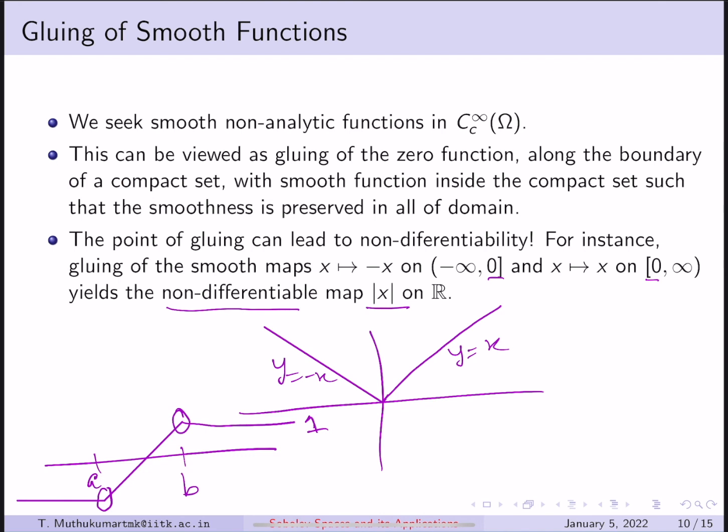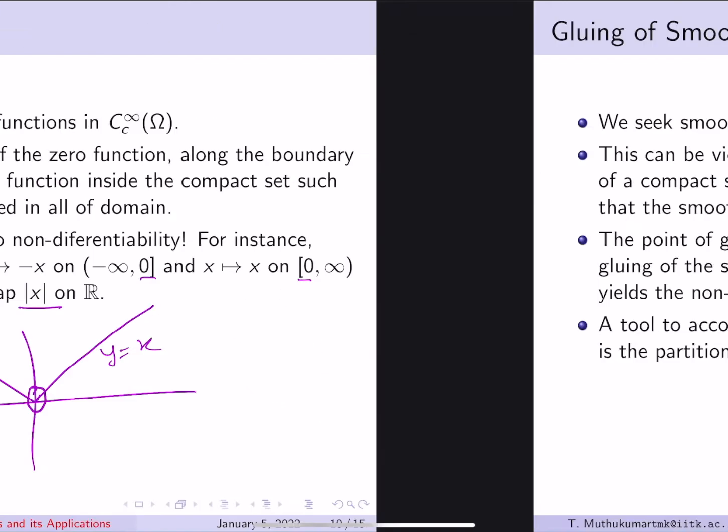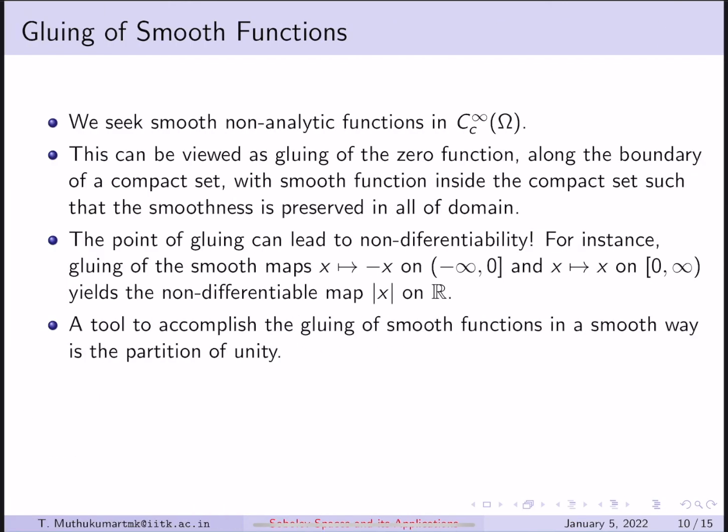All these are gluing two functions, but then how do we do it such that at this point of gluing I don't break the smoothness? If you know partition of unity, that is one such way of gluing smooth functions without breaking the smoothness of the function.